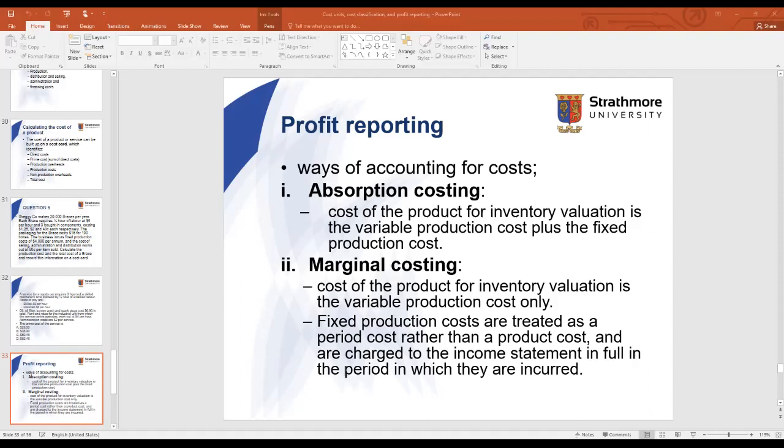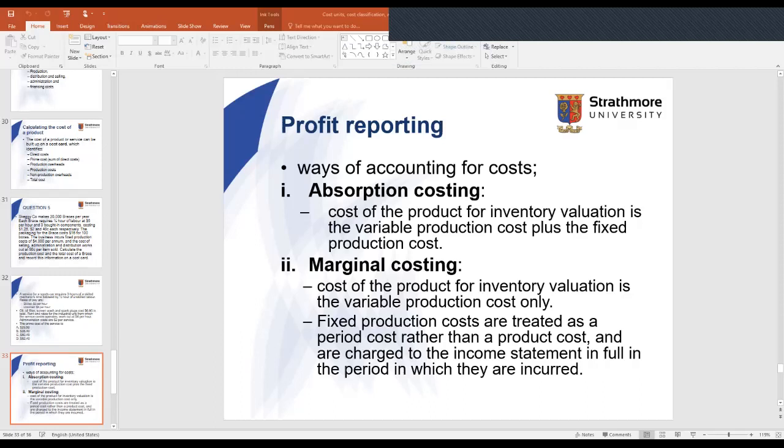If there was any fixed production cost that we incurred, then the cost we incur towards the production of this particular commodity ought to equal the total cost incurred, both the variable production cost as well as the fixed production cost.